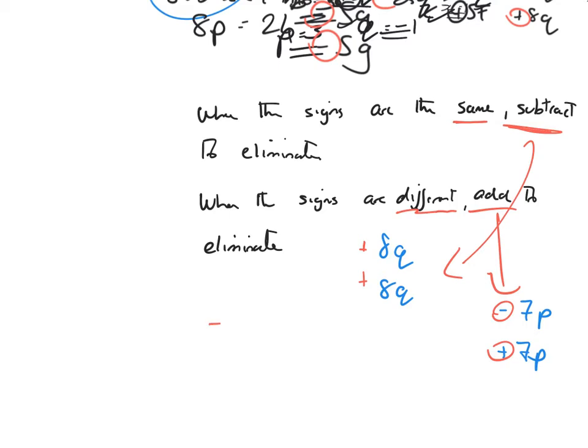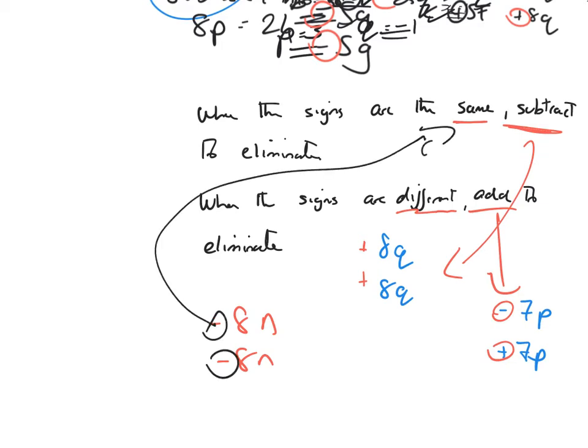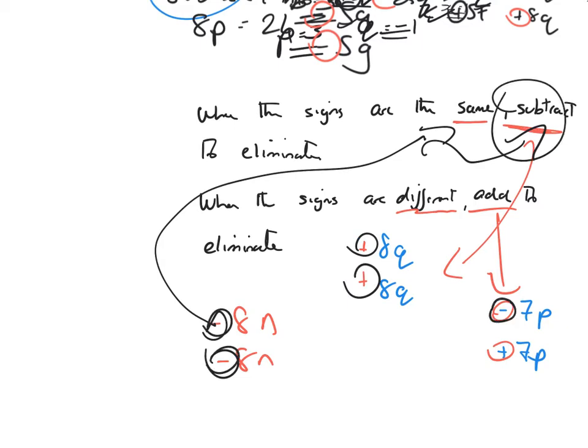Okay, what if I had minus a and minus a? We'll revert back to our rule. The signs we can see are the same, two minuses. If the signs are the same, in that case I would subtract. So that's really quite clear. When the signs are the same, which is two pluses or two minuses, you will eliminate by subtracting. If the signs are different, you'll eliminate by adding equations, and we can always use that rule.